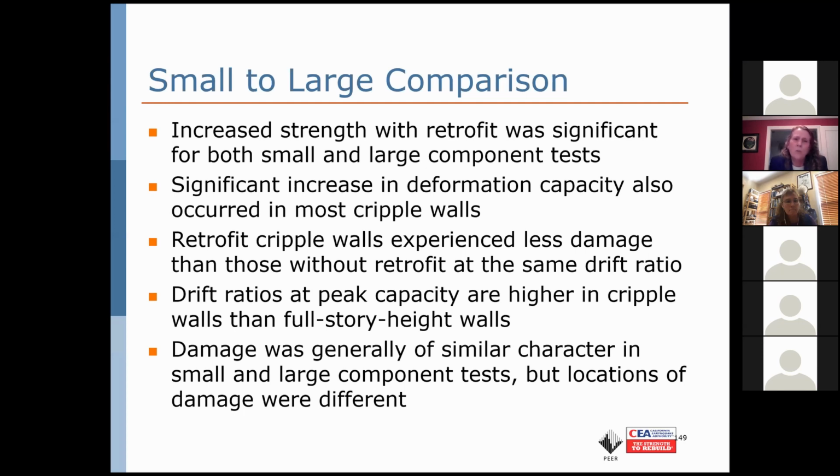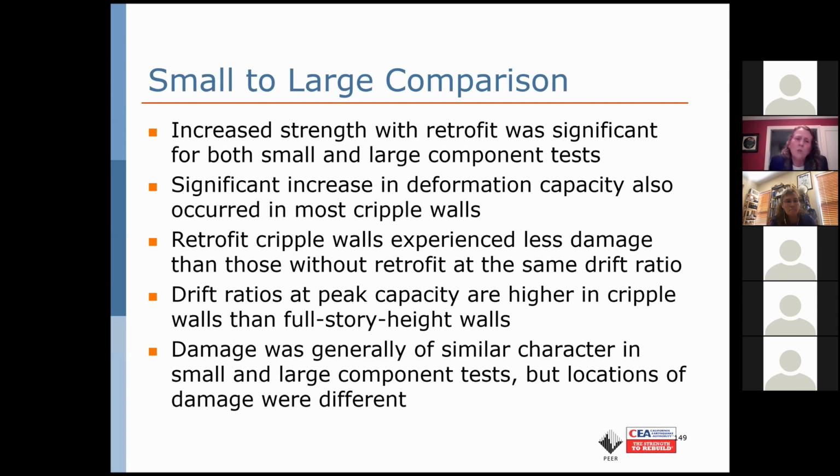Increase in deformation capacity occurred in almost all of the cripple walls, with one notable exception. Retrofit cripple walls experience less damage than those without retrofit, even when they're loaded to the same drift ratio. When we compared the damage at 1.4% drift for retrofit versus not, the retrofit damage was always less.